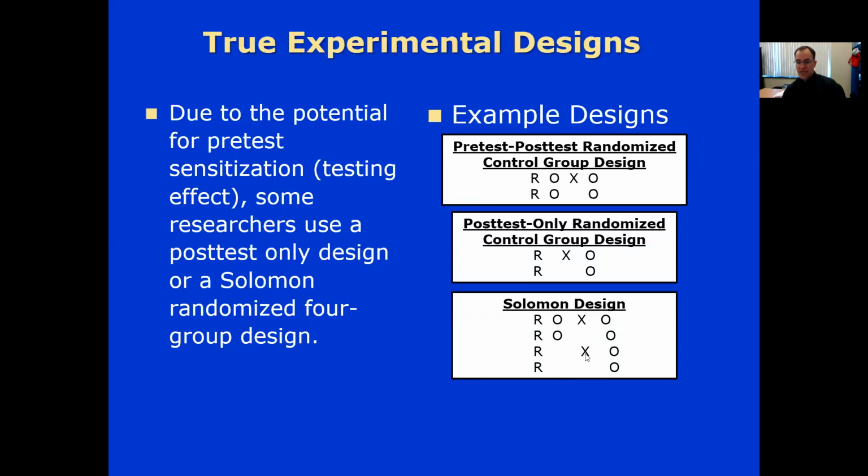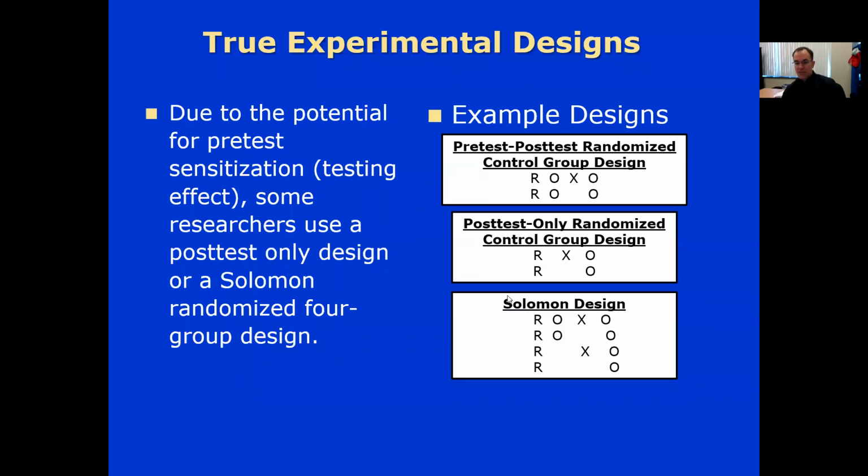It then substantiates that if this group here avoids that testing effect, it allows you to compare that to this other group where you have baseline data to determine whether or not this is just a continuation of what would already happen, or if there truly was an effect, and it would prevent you from having any type of testing effect that might have occurred. And you would do the same thing for the control group.